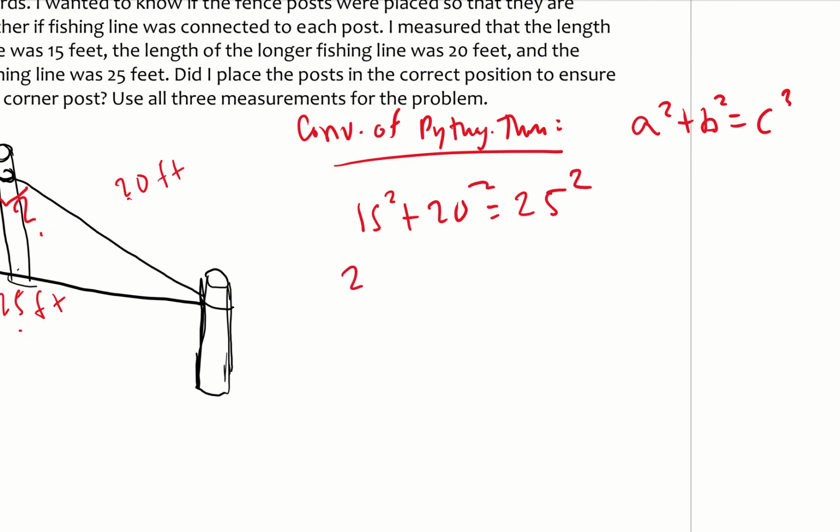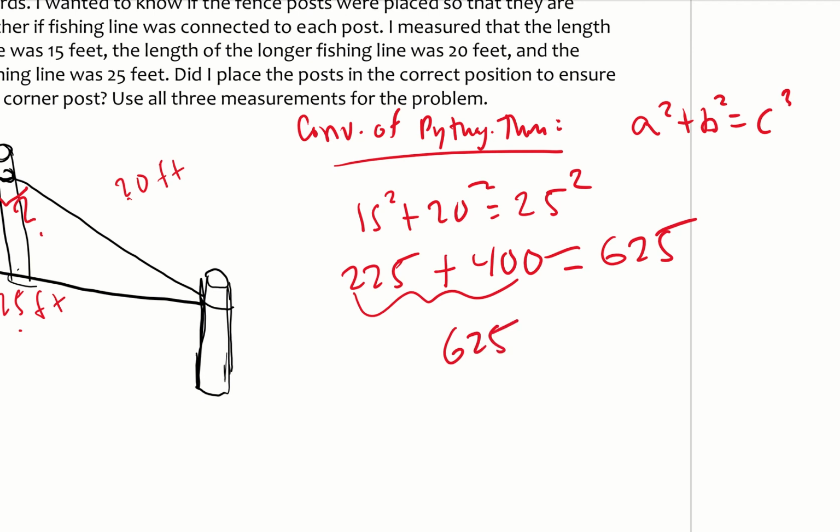15 squared is 225. 20 squared, 20 times 20 is 400. 25 times 25 is 625. If I add these together, will I get the third measurement, the 625? And the answer is yes, I will get the same measurement.